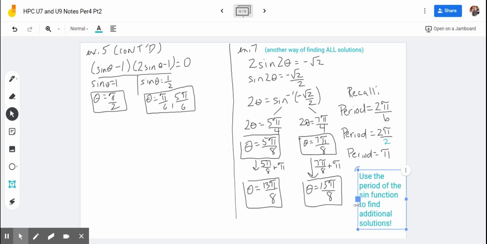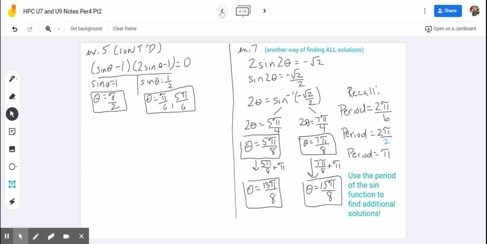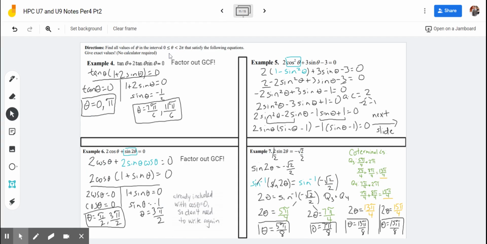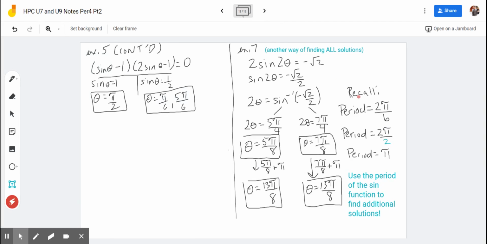All right, and then our restriction was just that it had to be between 0 and 2 pi. So either way, without a calculator, again, no calculator was required for any of these, we had to connect either using the general solution concept to find the additional answers, or if you recognize the fact that we could have also used the period of the function to find additional solutions.